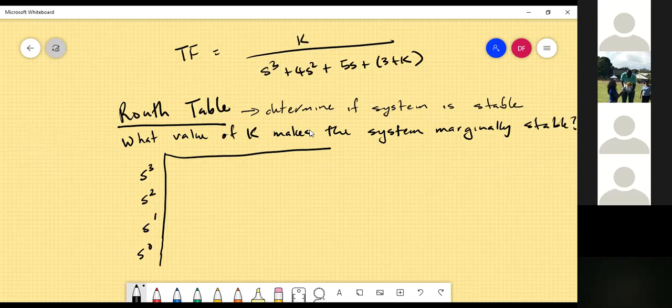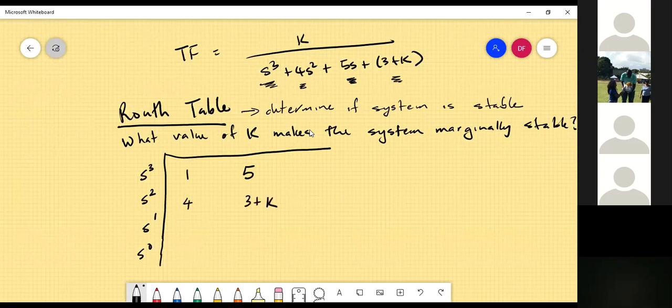Now, if you don't remember, in the s cube column, you write down the highest power that we have, which is s cube. So you have s cube, s squared, s to the 1, s to the 0. In the s cube column, we put 1, the coefficient of s cube, and the other coefficient going down is 5. And in the s squared column, we put 4, and the other one that is there is 3 plus k.